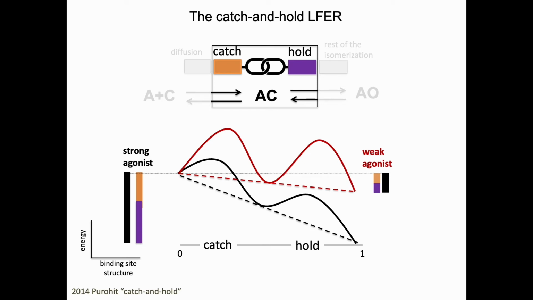And this is now a weak agonist, which has a different total energy, you can see, but you'll see that efficacy and affinity are variable, the lengths of these lines and the difference between the lengths of these lines, but the ratio between the two lines stays the same, which means the fraction of the purple over black is the same ratio for both strong agonists and a weak agonist.